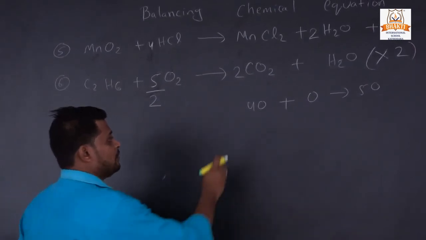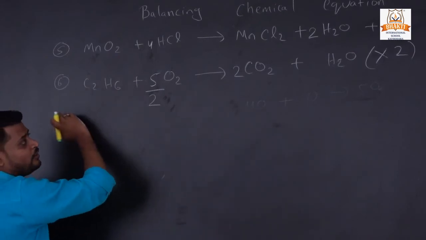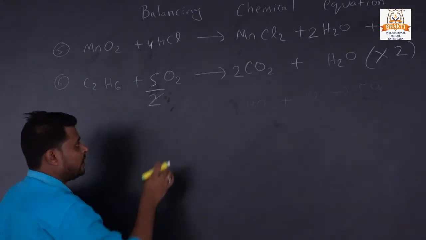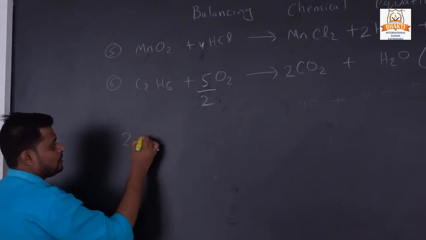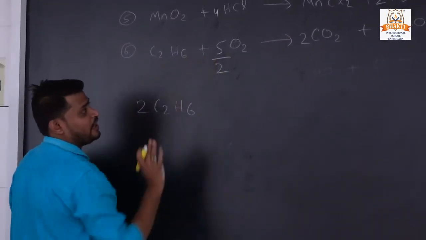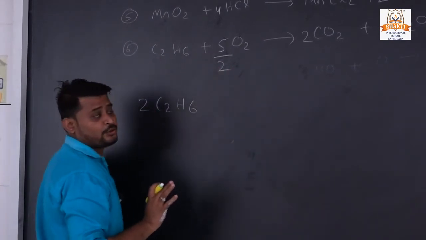Okay, now we will multiply here by 2 and the whole equation by 2. So 2 and 2 cancel. Okay, so we will multiply here 2 C2H6. Each and every element will be multiplied by 2, meaning the whole equation is multiplied by 2.